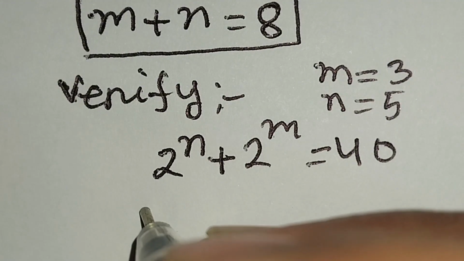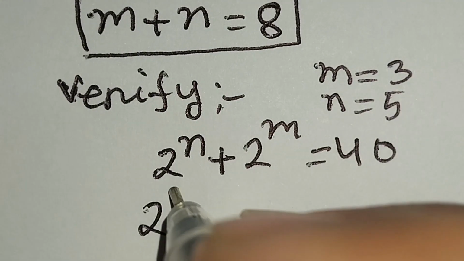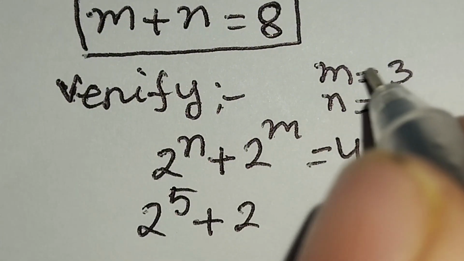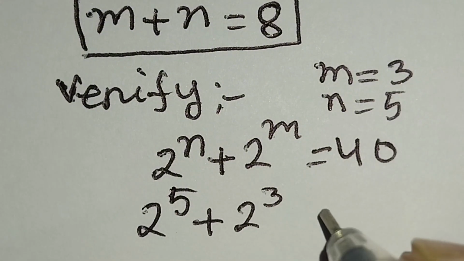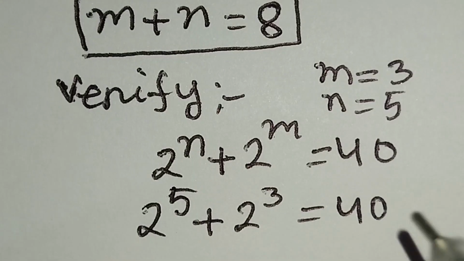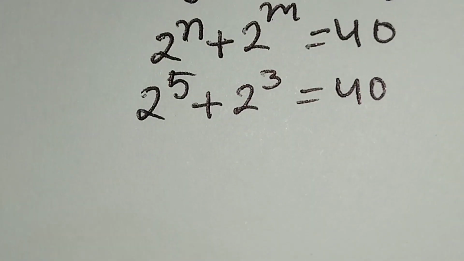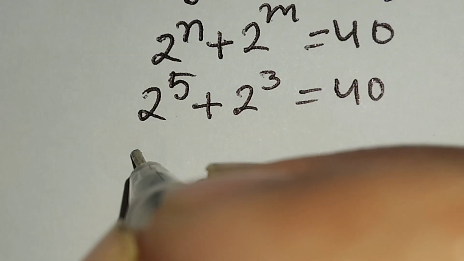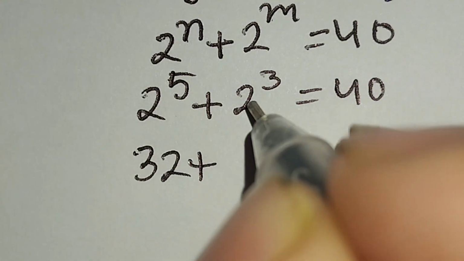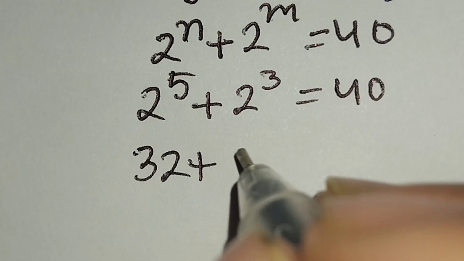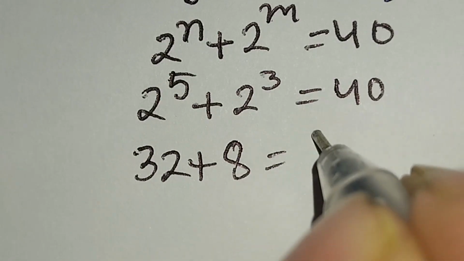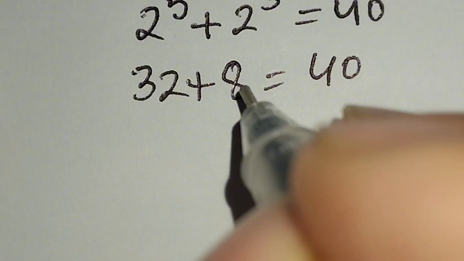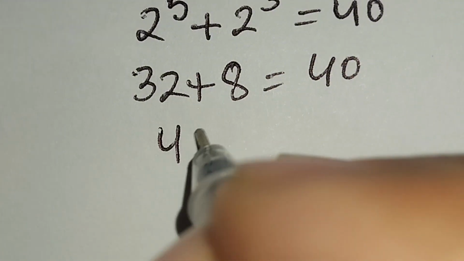So 2 to the power 5 plus 2 to the power 3 equals 40. 2 to the power 5 is equal to 32, plus 2 cube equals 8, equals this 40. 32 plus 8 gives us 40.